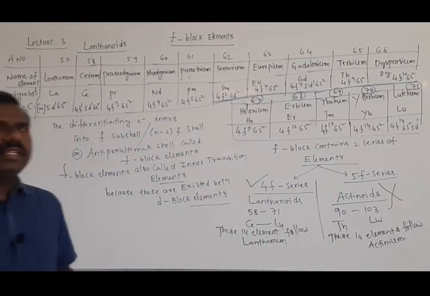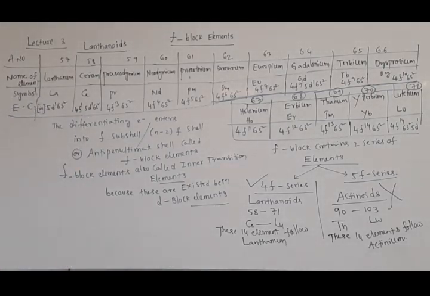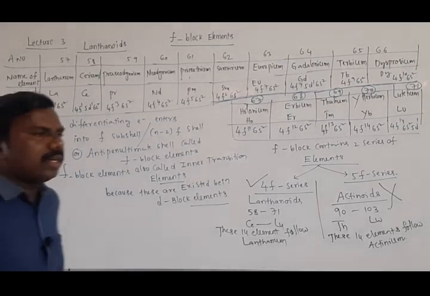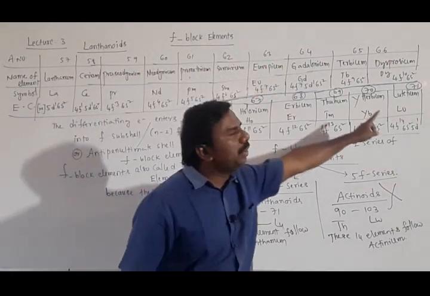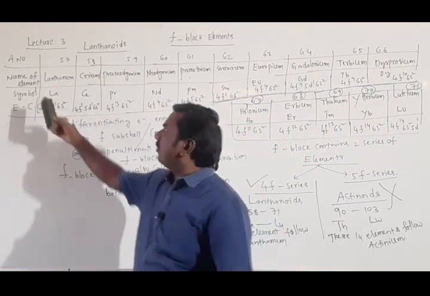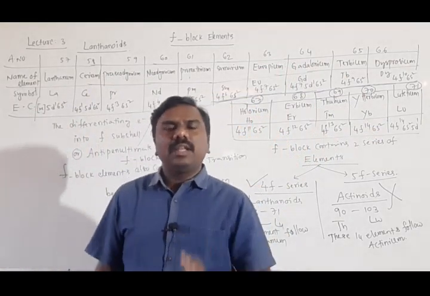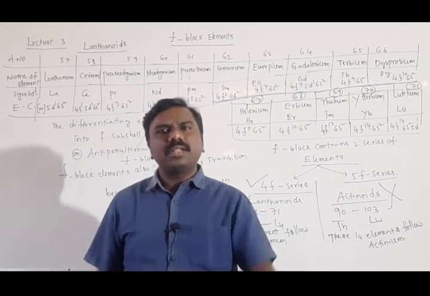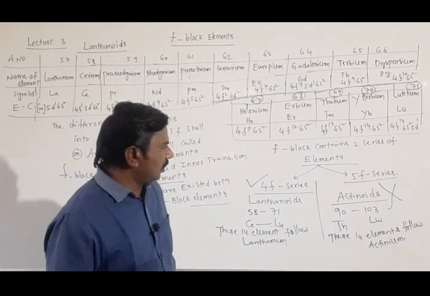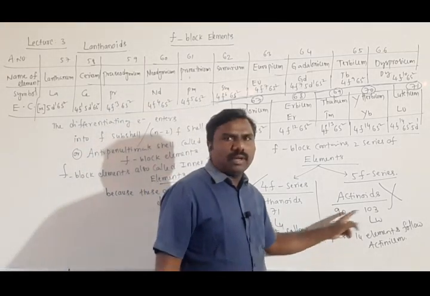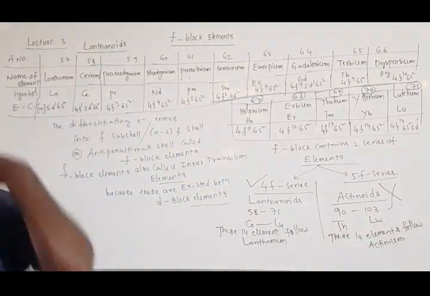Lanthanoids, if you observe, start from cerium to lutetium. Before that, the first element is lanthanum. So all these 14 elements' properties resemble that of lanthanum, and actinoids, thorium to lawrencium, resemble that of actinium.